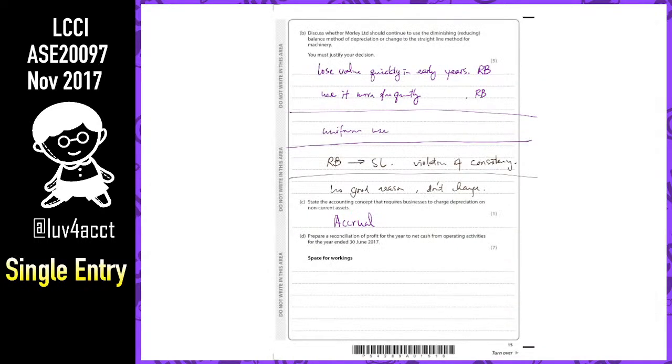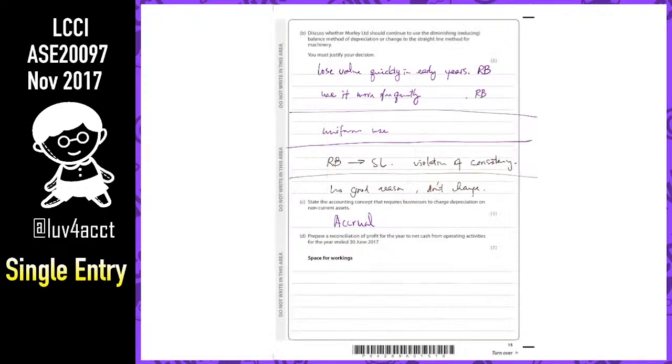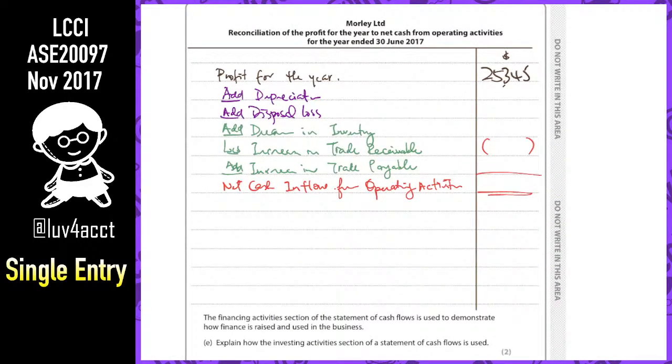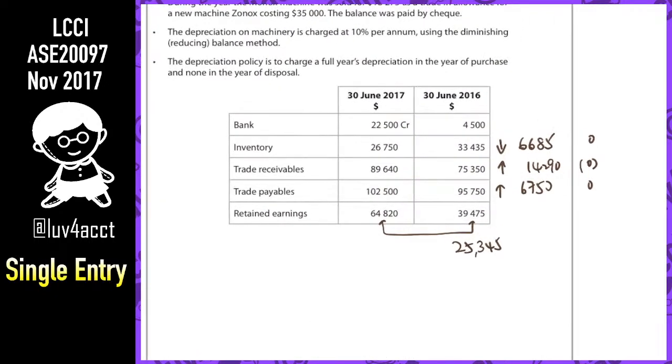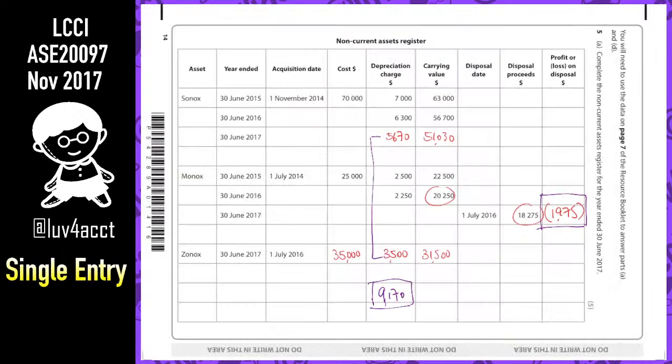So, depreciation 9170, and then disposal loss 1975. And then the changes in working capital: 6685, 14290, 6750.